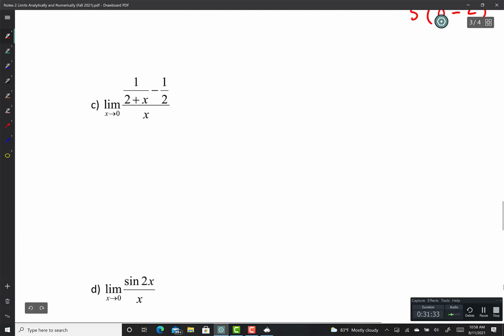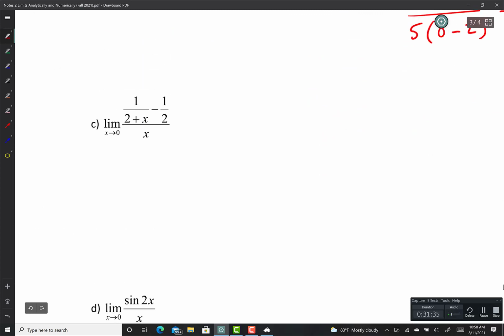Again, letter C. Can I do direct substitution? No. Hopefully you remember some of these from pre-cal from last year. We did it in the first 9 weeks when we messed around with some of these. All right, we're going to have to do a common denominator in the numerator. So I'm going to multiply the right-hand side here by 2 plus x over 2 plus x. That's the same thing as a 1. I'm going to multiply this left term here by 2 over 2.